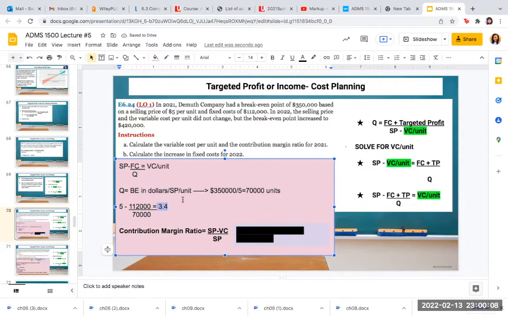So the variable cost per unit is 3.4 or $3.40. Now the question asks, can you calculate the contribution margin ratio for 2021? So we know the selling price is 5. We now know what the variable cost is of $3.40. And once you divide that by the selling price per unit, you can come up with your contribution margin ratio.